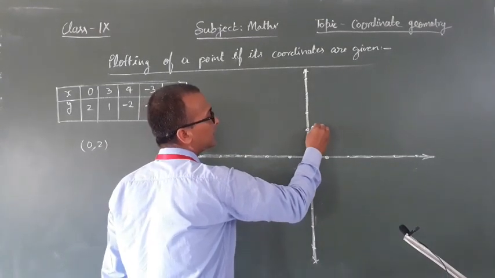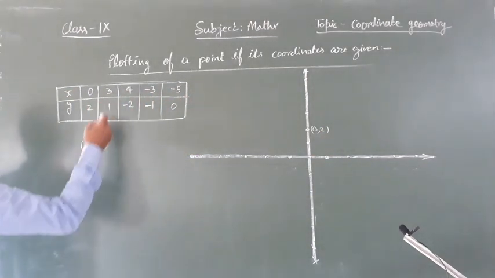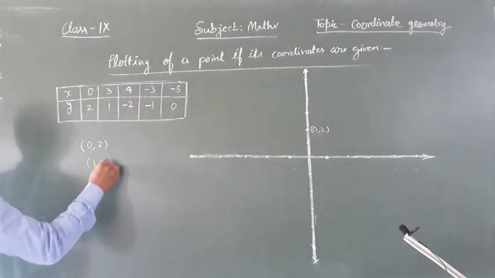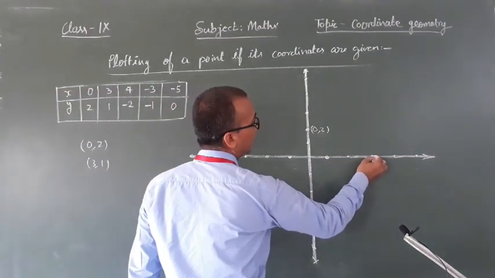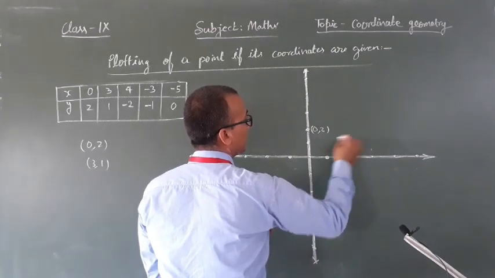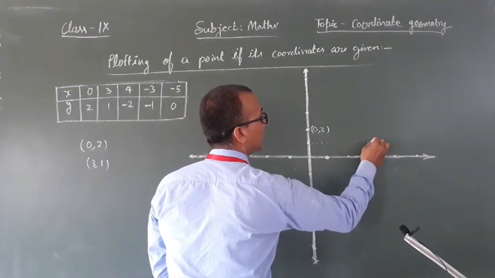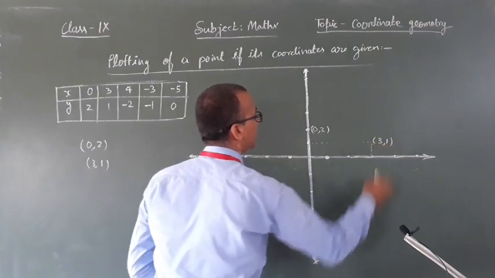This point is (0, 2). Next, (3, 1). On the x-axis 3 units and on the y-axis 1 unit. This point is (3, 1).